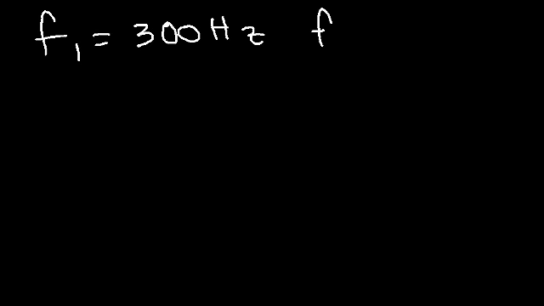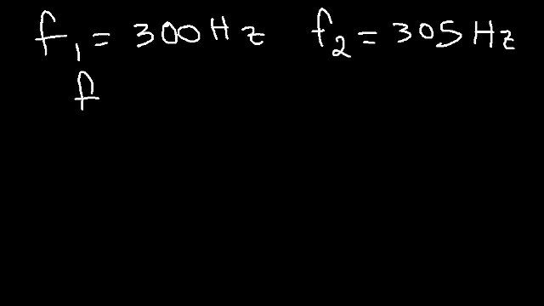If we have two sources of sound where the frequency of the first sound is very close to the frequency of the second sound, then a beat frequency will be produced. So let's say we have a frequency of 300 Hertz and 305, a beat frequency of 5 Hertz will be heard.